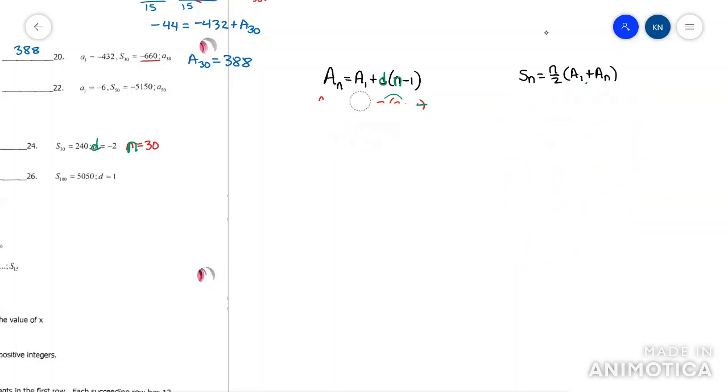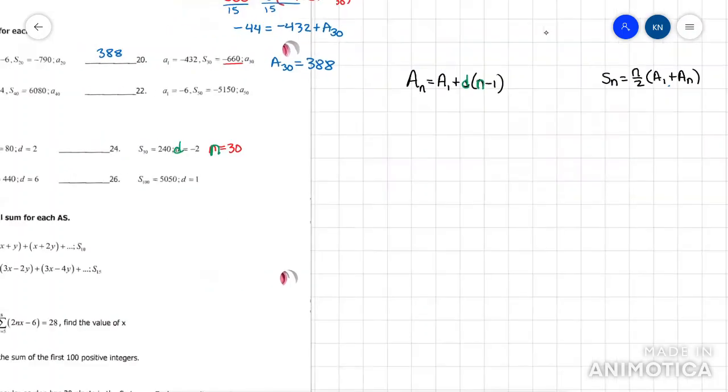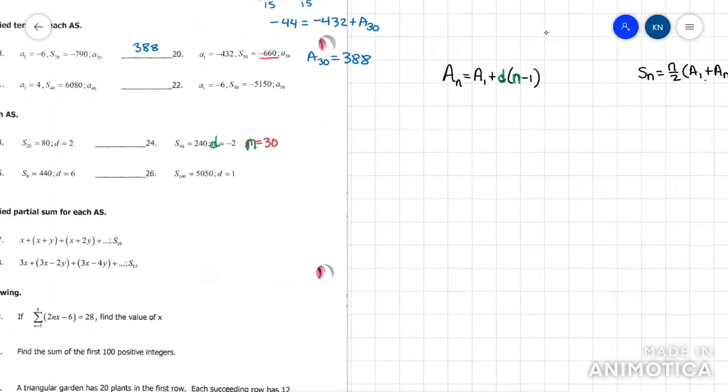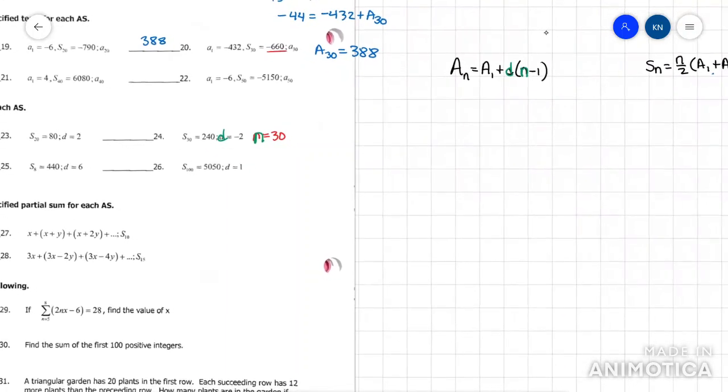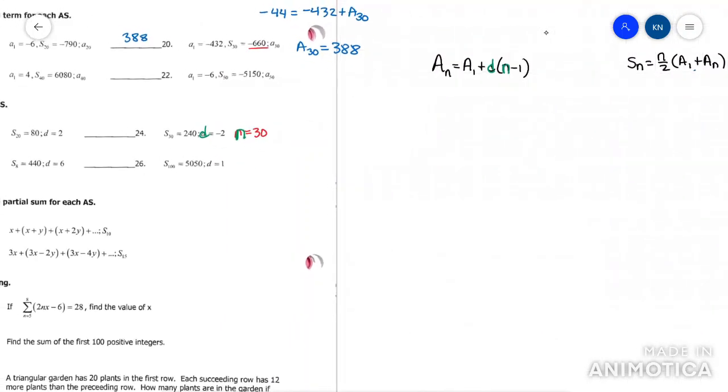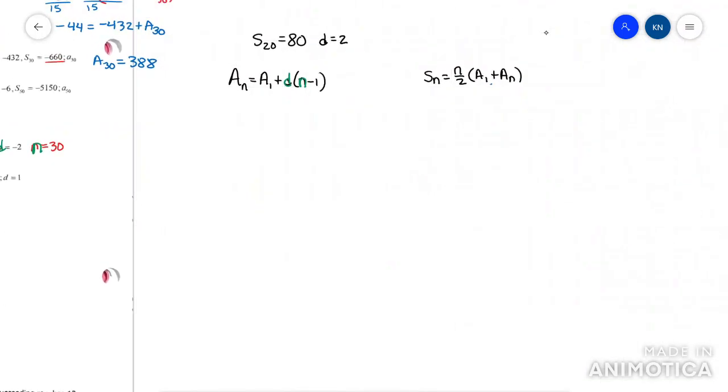I don't really like the example 26, so we're going to use a different one. We'll use 23, and I'll rewrite it over here on the right. S of 20 equals 80, and D equals 2. Okay. Remember, the first thing you're going to want to do is use equation 1 here. You don't know AN, and you don't know A1.